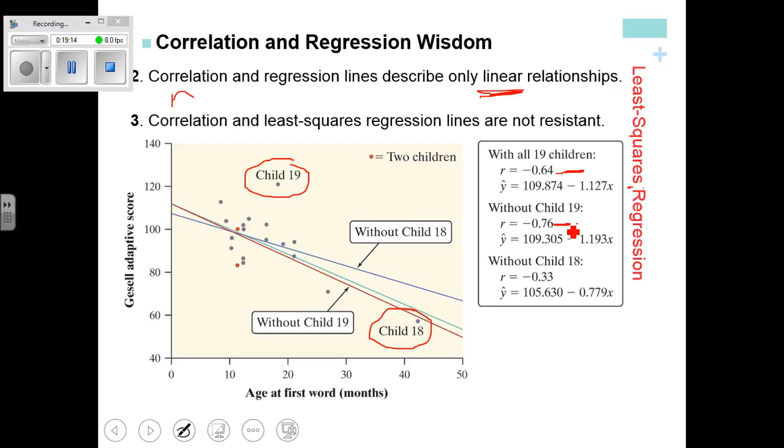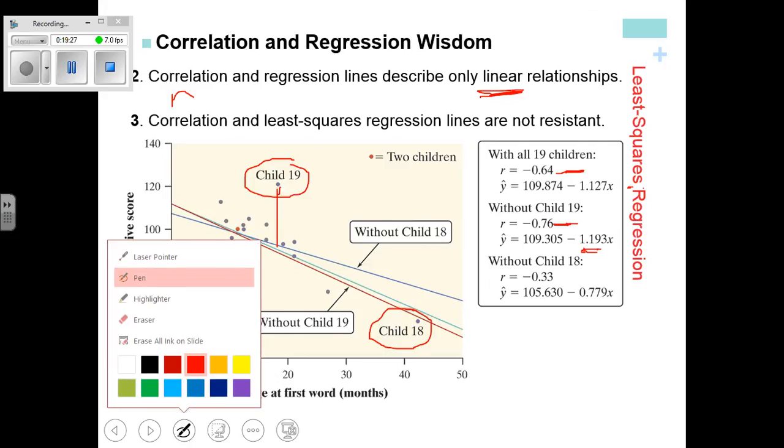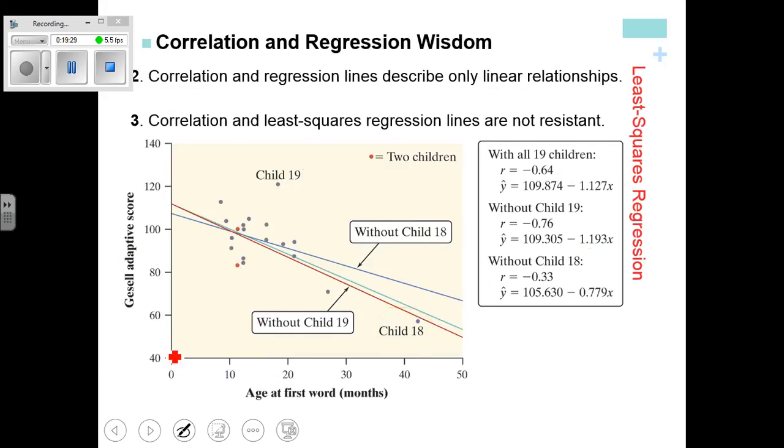And the slope is changing, but only slightly. Removing that outlier, it has such a strong residual, it's not going to change the slope much. It's mostly going to change the correlation. Whereas the point here, if we remove child 18, look at the large effect it has on correlation.